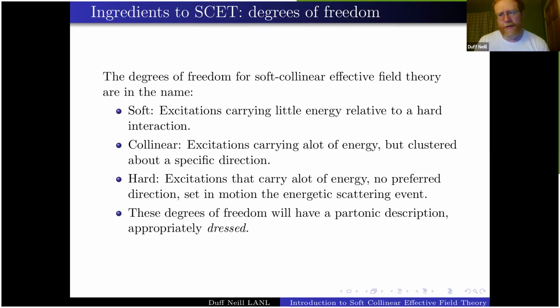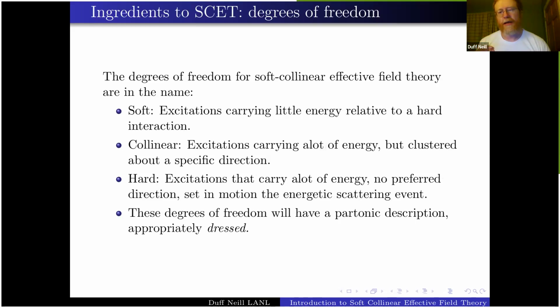And what we'll learn in the course of this talk is that we are going to have a partonic description for these soft and collinear degrees of freedom. However, they're not going to be, strictly speaking, quarks and gluons. And we'll see why in the course of this talk. They need to be appropriately dressed.